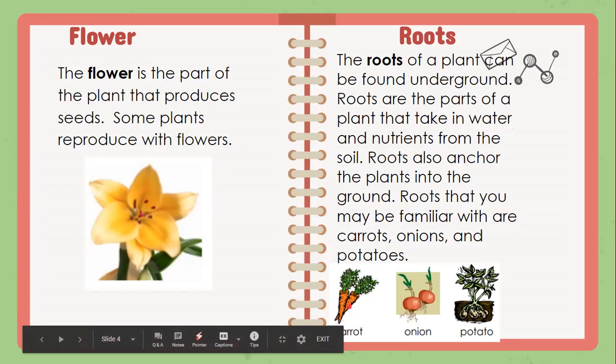As you can see, this pointy part is mostly the root. In the onion, there are tiny squiggles of lines, and those are the roots. And for the potato, the potatoes are actually the roots of the plant.